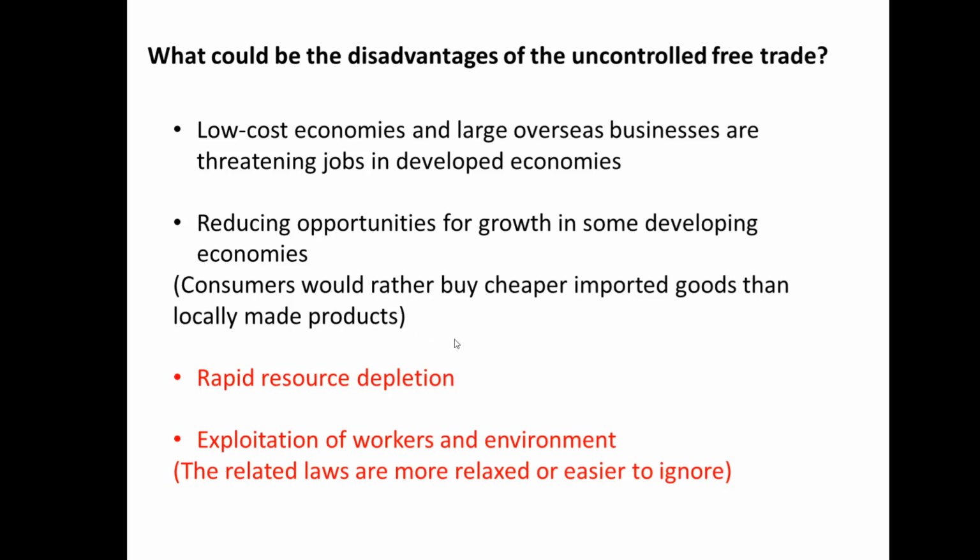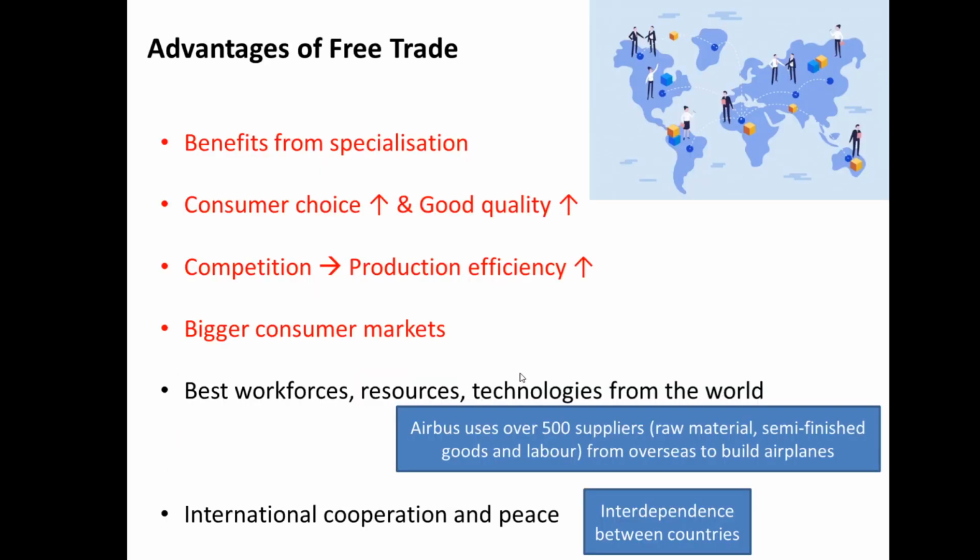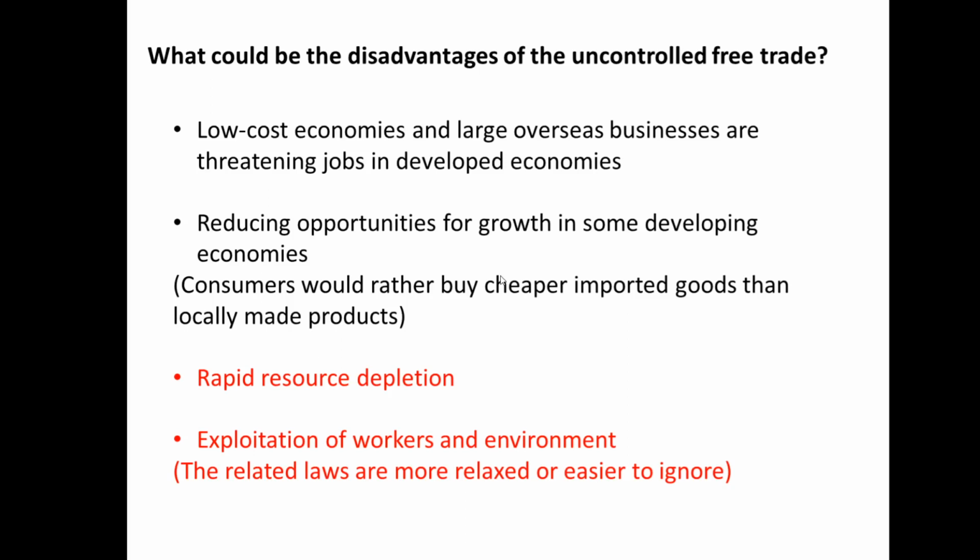And of course, you see here, number 3 and 4. When you do not control free trade, because of the benefits that we have seen here, there will be a bigger market. When you have a bigger market, you produce more goods, so the output is increasing. So you will see some disadvantages here: rapid resource depletion.